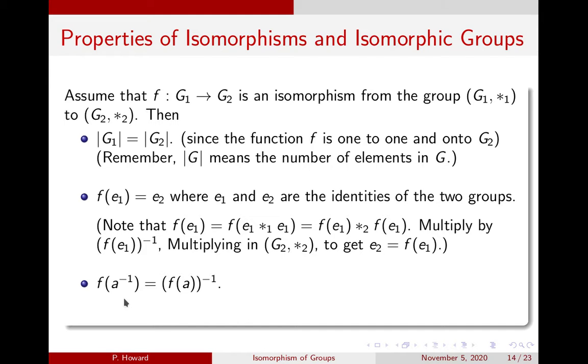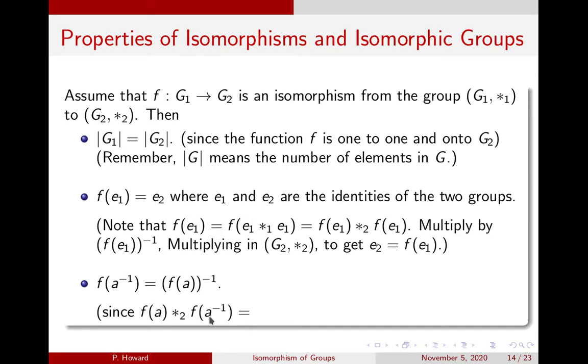F of the inverse of A is the inverse of f of A. And we're going to argue that the thing on the left-hand side is the inverse of f of A by multiplying f of A by the thing on the left-hand side.